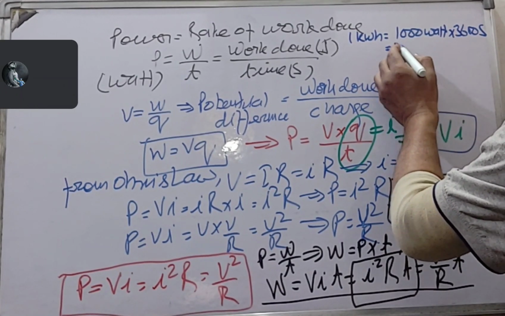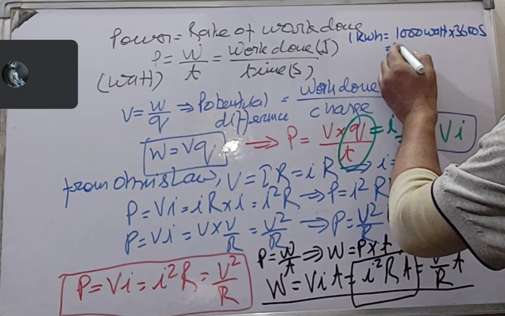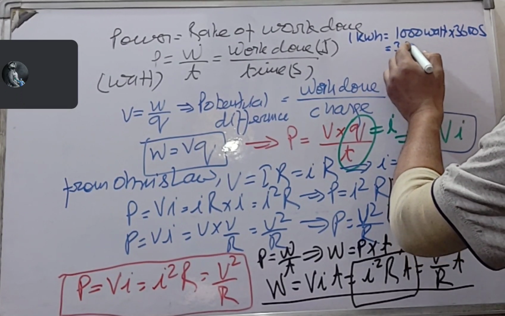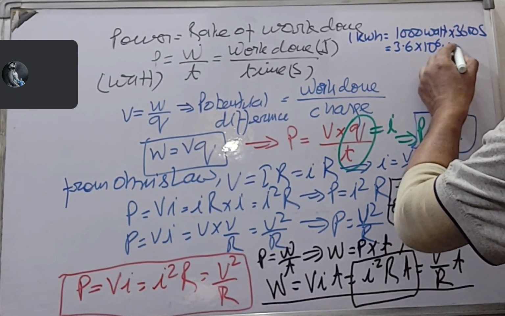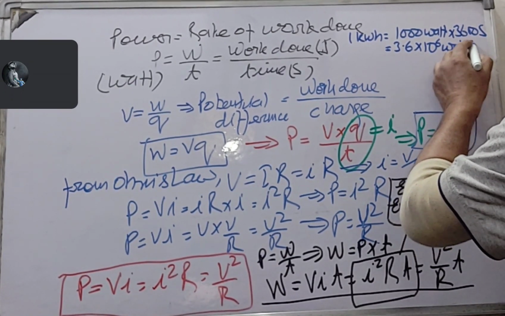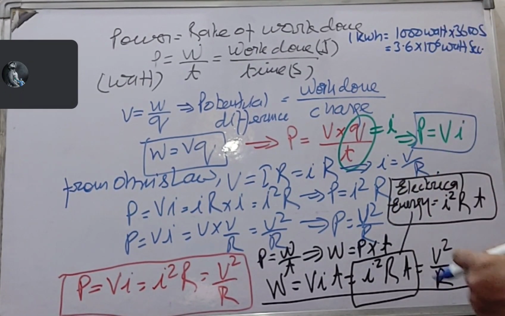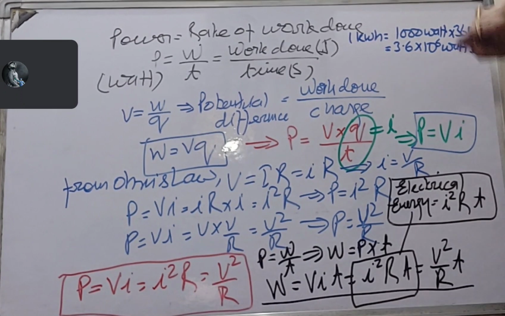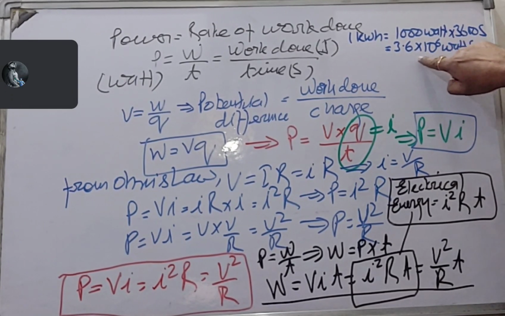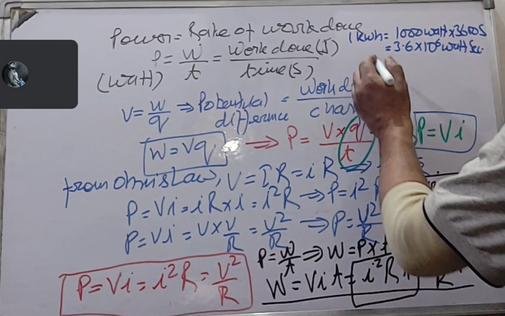So it becomes 3.6 into 10 raised to the power 6 watt second, right? This we have converted: kilowatt hour is equal to 1000 watt, and hour is equal to 3600 seconds. So when you multiply this, it becomes 3.6 into 10 raised to the power 6 watt seconds, right?